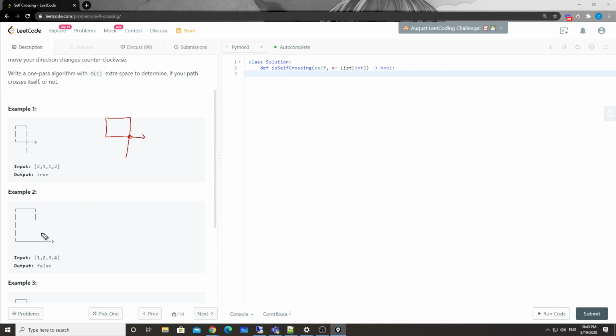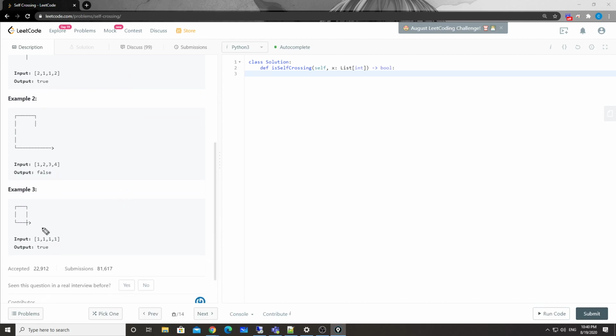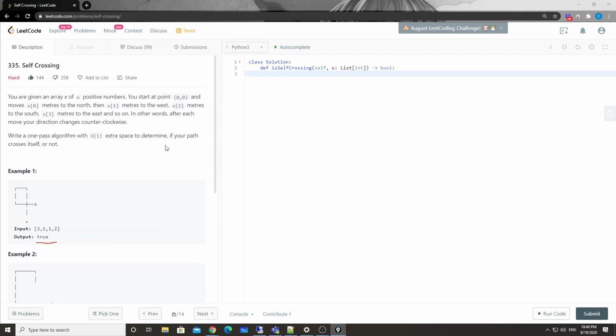And example two is we go up, left, down, and right, where there's no self-crossing. If they're the same, it's still counted as a crossing because they will be stopped at the same point here.